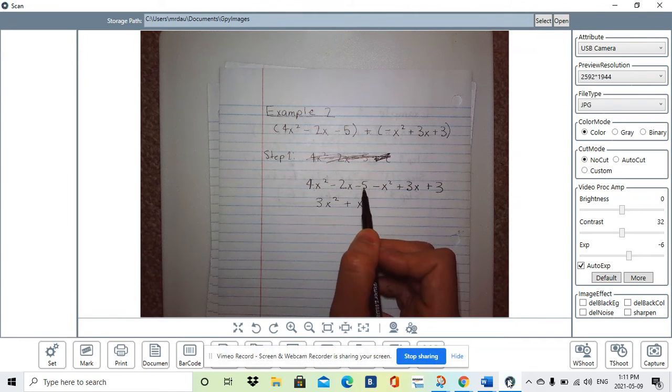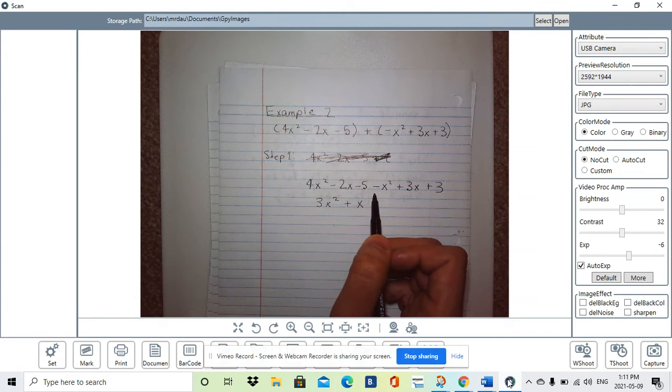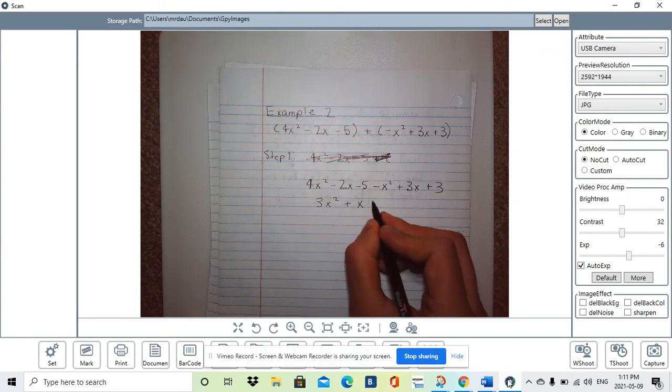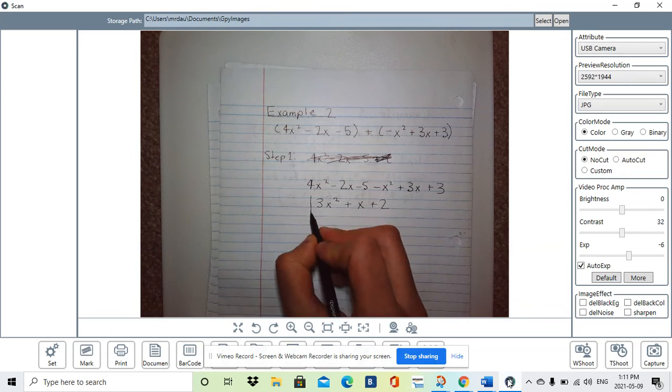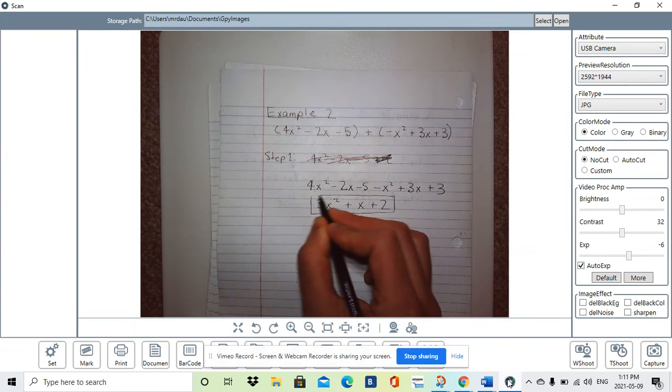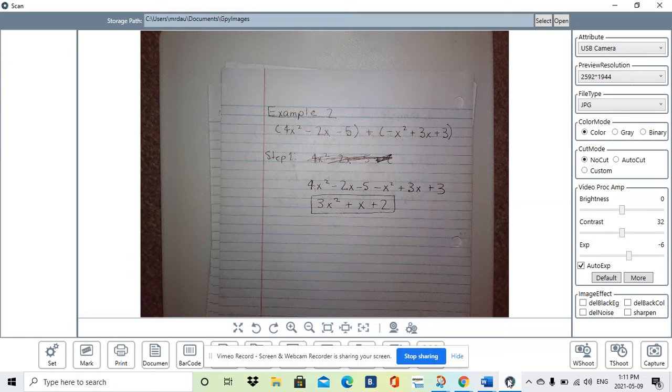Negative 5 plus 3 is equal to 2. Right? So there's our answer. That was a little bit shorter. I didn't go through all the steps, just because we went through all the steps in the first example. But hopefully you're starting to get the gist of how to add polynomials.